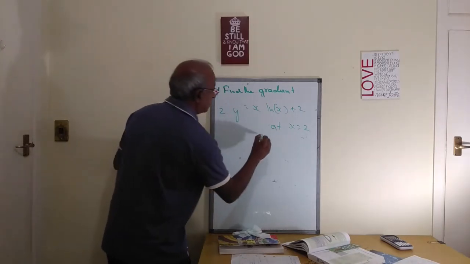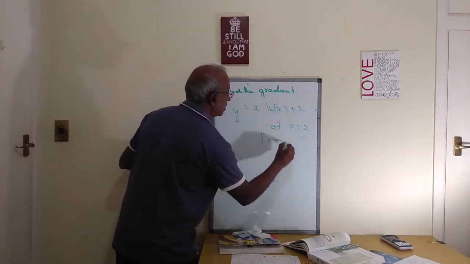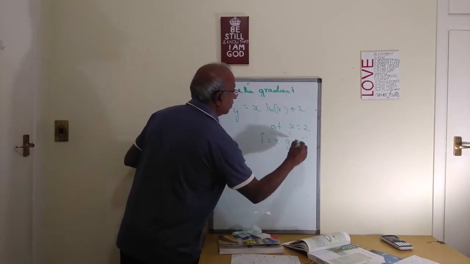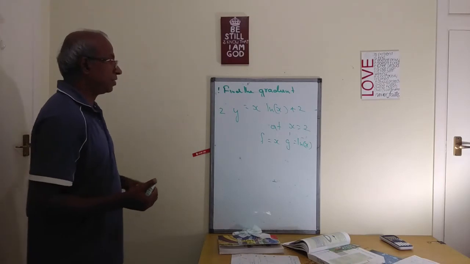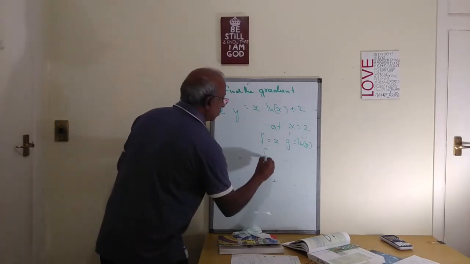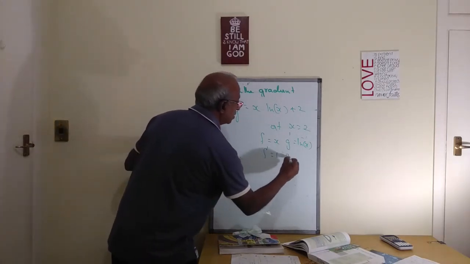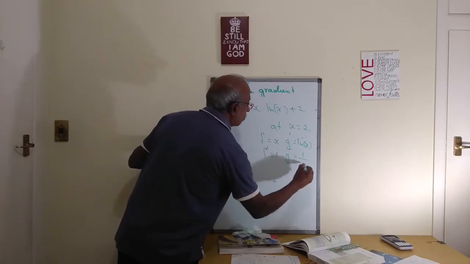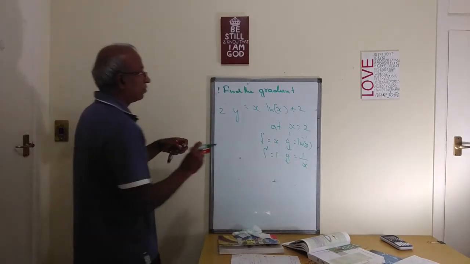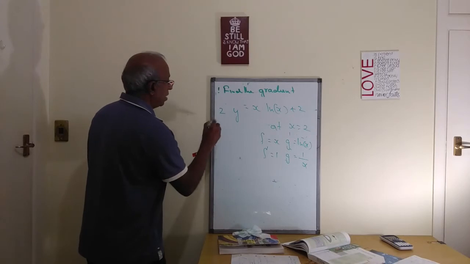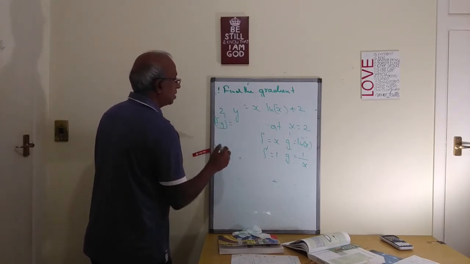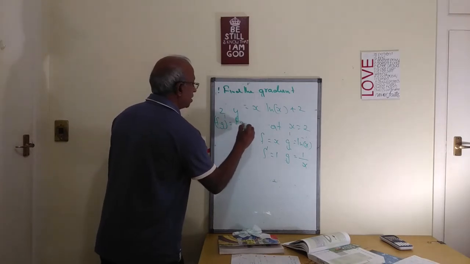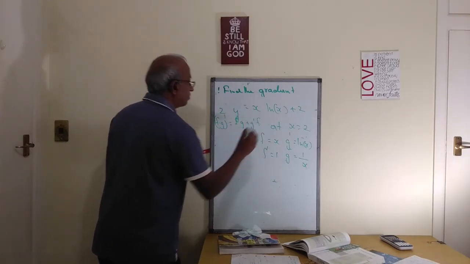Okay, let f is equal to x, g is equal to ln x. f dash is equal to 1, g dash is equal to 1 over x. Now we are going to put it in the formula here. f times g dash, that is f dash g plus g dash f.